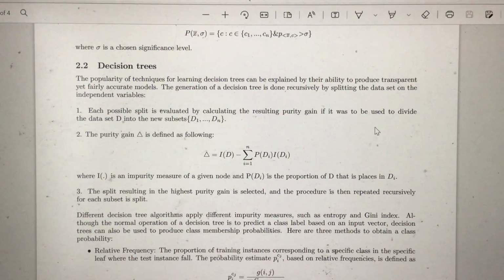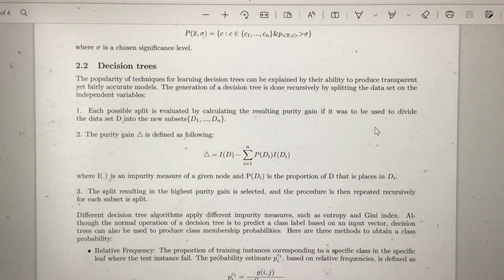For the first one, each possible split is evaluated by calculating the resulting information gain, if it was to be used to divide the data set D into the new subsets D1 to Dn. The information gain, delta, is defined as follows: I(D) minus the sum of P(Di) times I(Di). I is an impurity measure of the given node, and P(Di) is the proportion of D that is placed in Di.